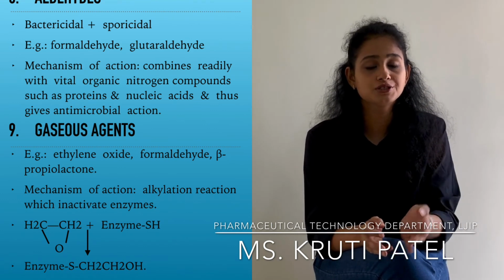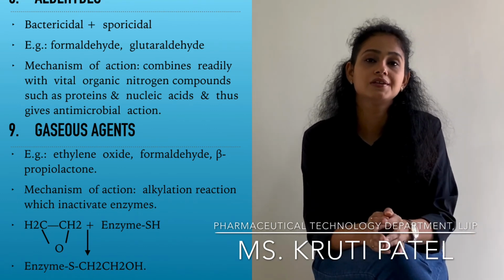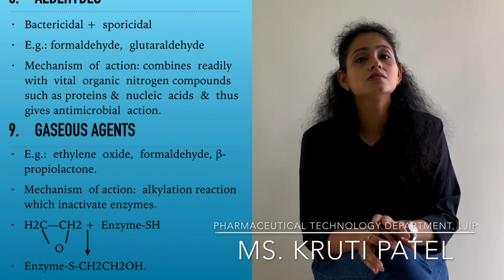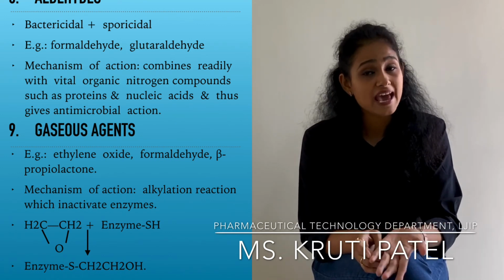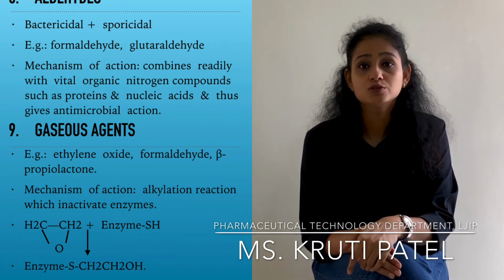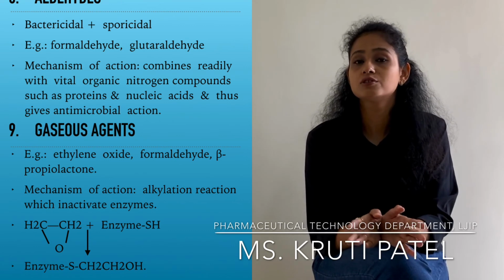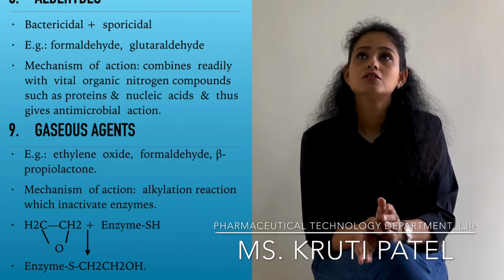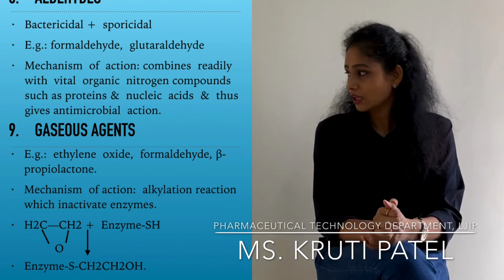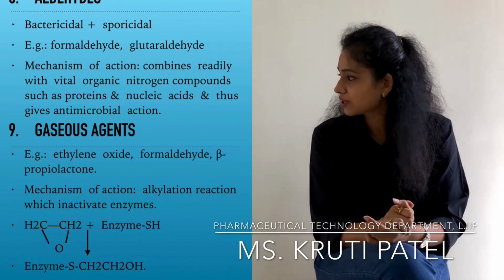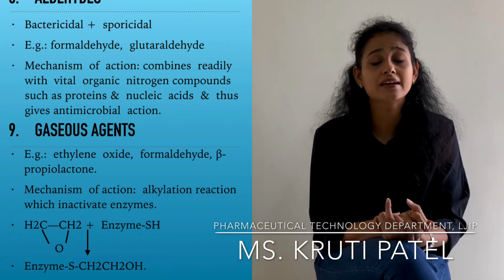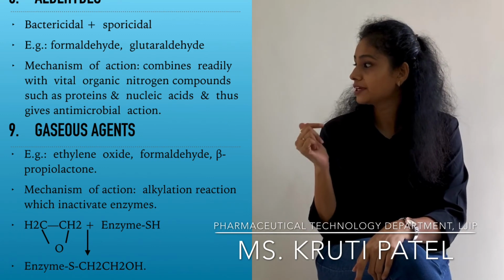After one operation we have to sterilize that operation theater. At that place this ethylene oxide gas is used for sterilization. So it is a widely used method for the sterilization of big areas. As you can see, ethylene oxide has a cyclic structure, CH2CH2O.